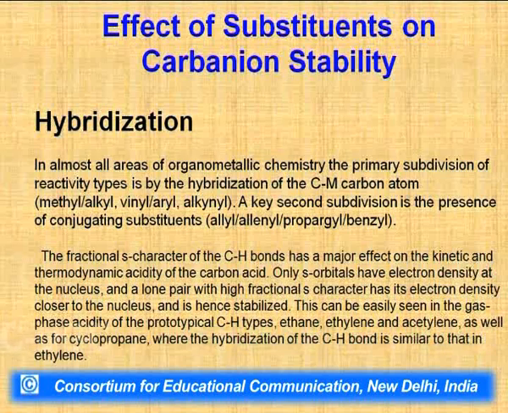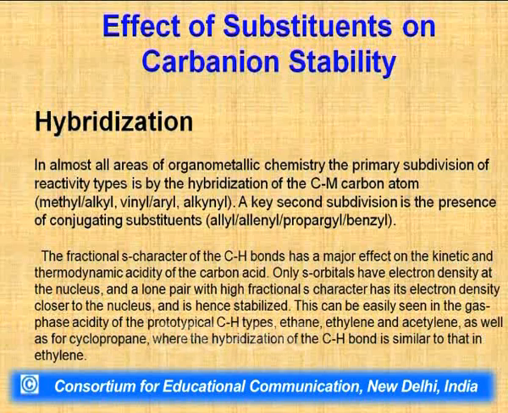How does it affect? In almost all areas of organometallic chemistry, the primary subdivision of reactivity types is by the hybridization of the carbon and metal atom. A key subdivision is the presence of a conjugated substituent. We all know what conjugation is: alternate single and double bonds.